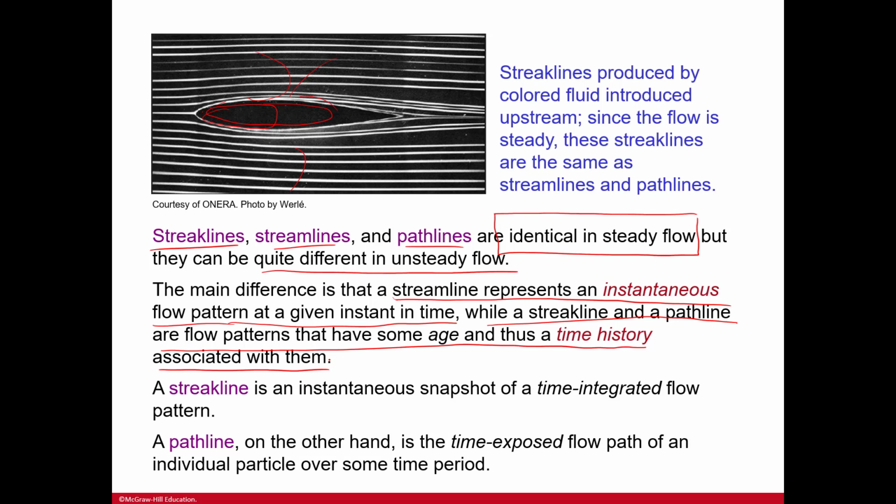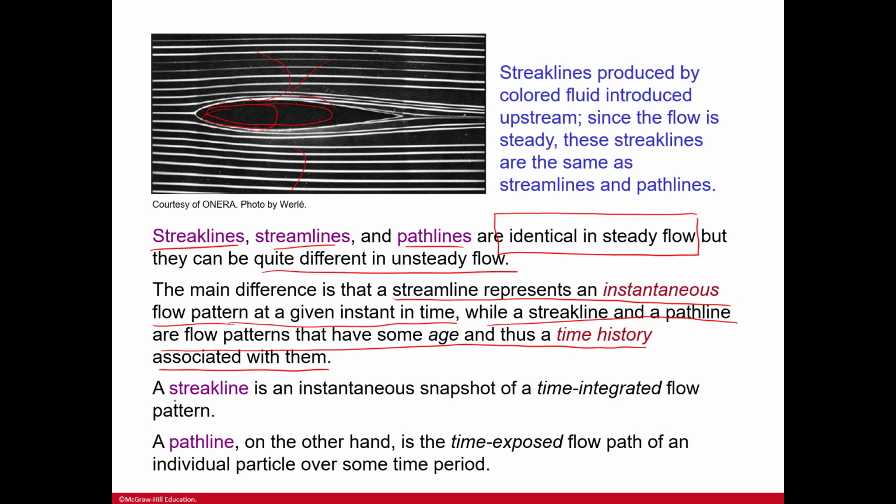We're in this chapter of fluid kinematics, right? A streak line is an instantaneous snapshot of a time-integrated flow pattern. So just because you're looking at an instantaneous snapshot does not mean that you're not depending on that time-integrated flow pattern. A pathline, on the other hand, is a time-exposed flow path of an individual particle over some time.